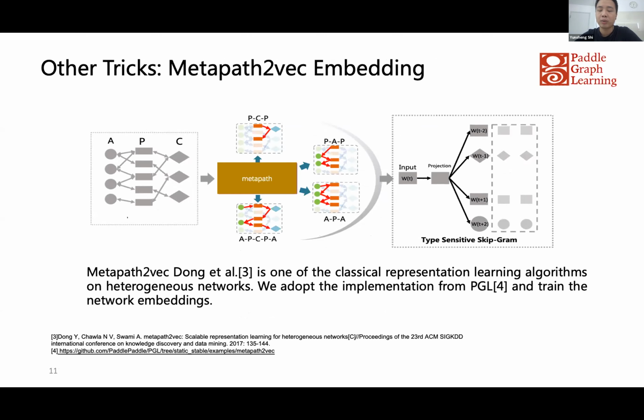Therefore, we also want to apply it to this large-scale competition heterogeneous graph data. We use a classical representation method to encode this heterogeneous graph, and we adopt the implementation from the PGL framework, which can do distributed training and inference of the M2V embedding in such large-scale data.